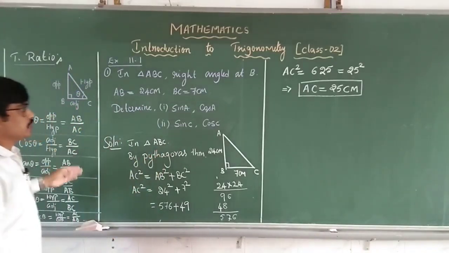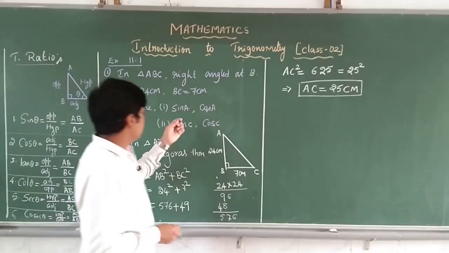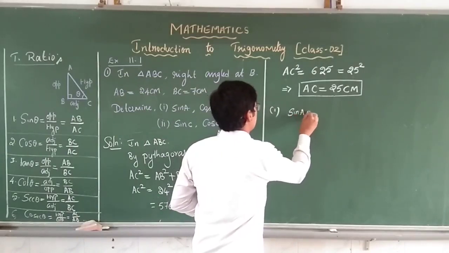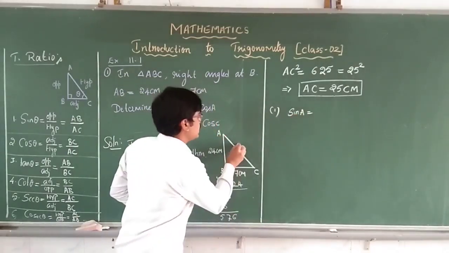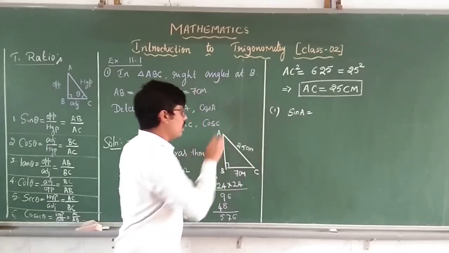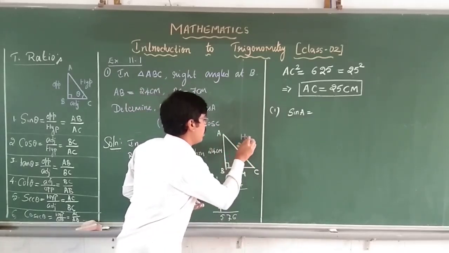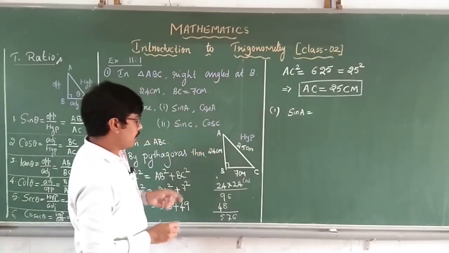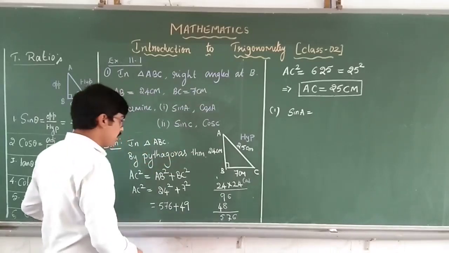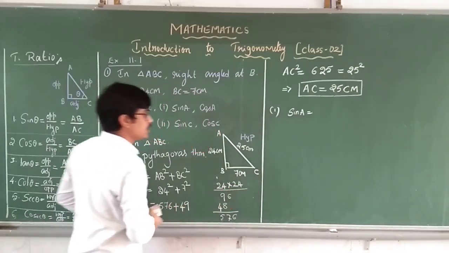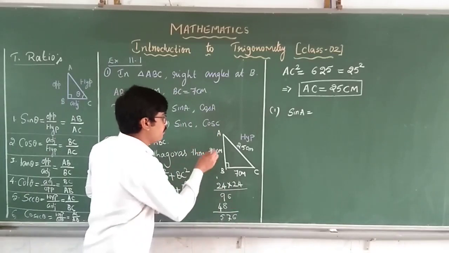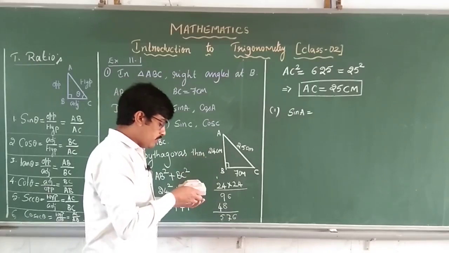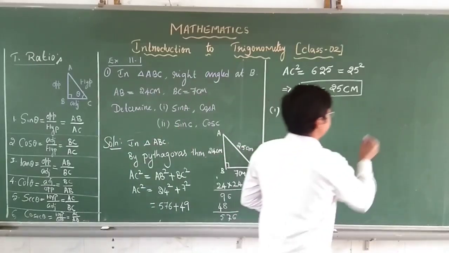Now by using the T ratios we can define the things. In the first one I need to find sine A. Now let me write AC as 25. Let me erase it. So we are defining T ratios for acute angle A. If I find ratios with respect to A, let me rewrite the figure here.